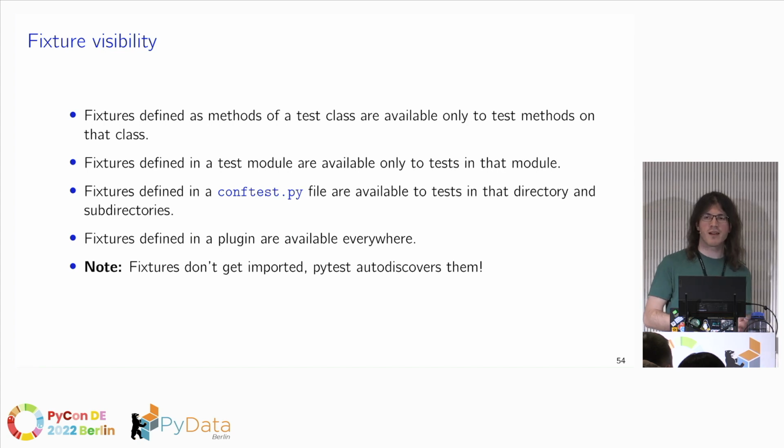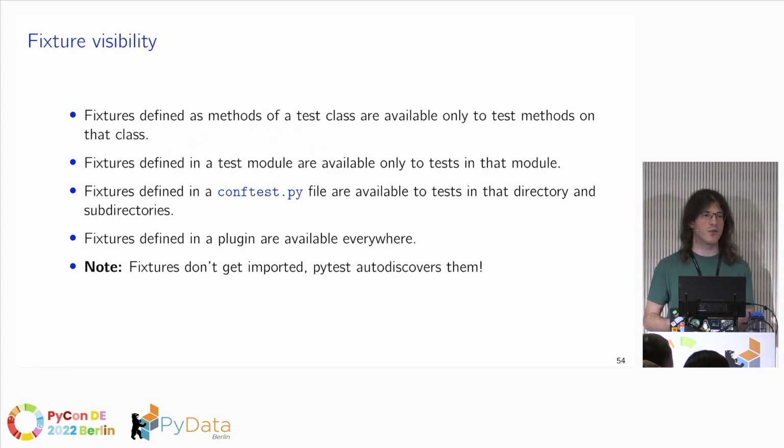So to wrap this up, this is something you would usually call scope, as in the scope of a variable. I'm calling it visibility here, just to not mix it up with the caching scope. If we define a fixture in a test class, it will only be available for tests in that class.